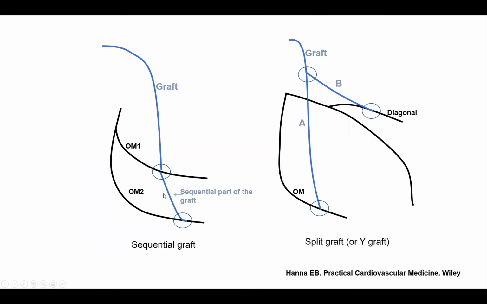Sometimes this portion of the graft occludes while this one remains open. Y graft or split graft, you have one main graft that goes to the OM and you have another graft attached to it. Rather than being attached to the aorta, this graft B is attached to graft A and it goes to the diagonal.